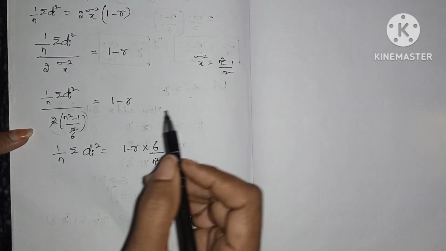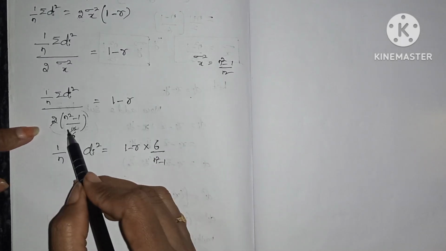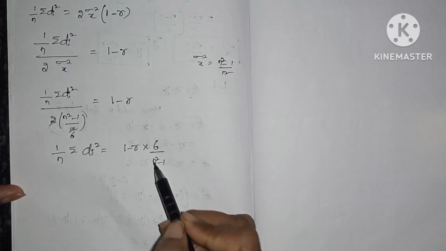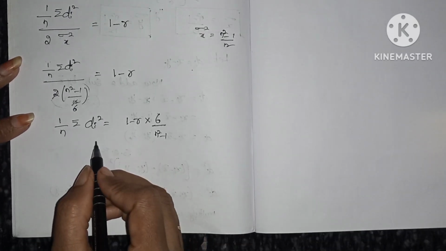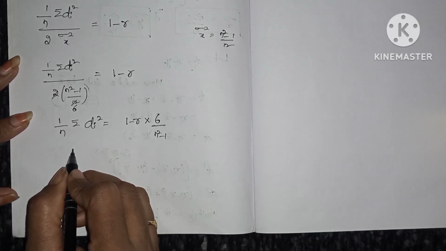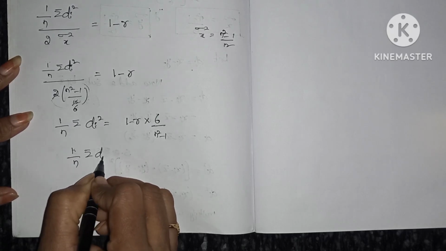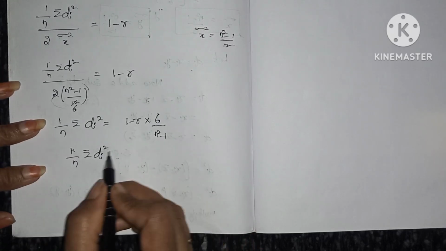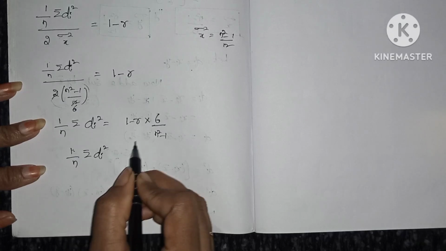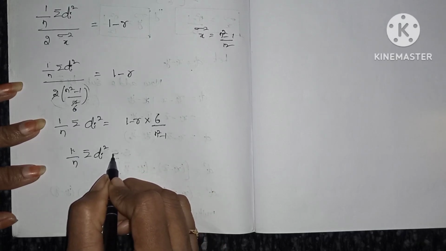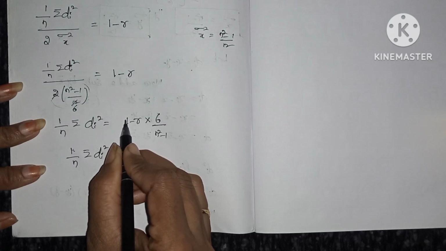So when it comes to this side, denominator comes to numerator and numerator comes to denominator, isn't it? Yes. So here 1 by n summation di square, and the next is this one, no?